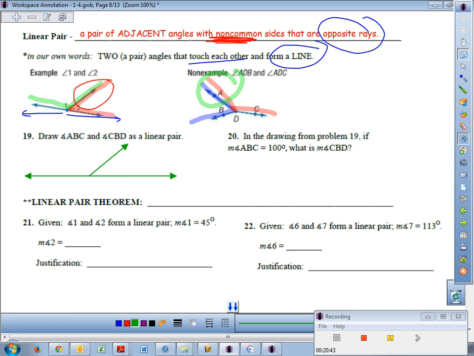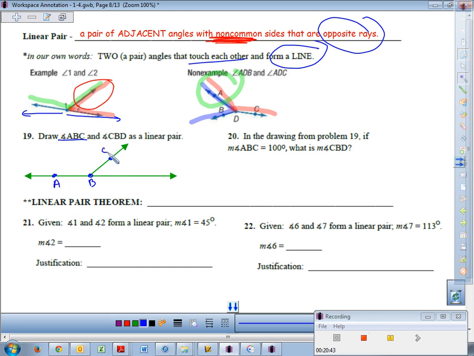Aren't those two angles now that I have in the picture? And they touch each other and they form a line? Let's put the details in there. First one's angle ABC. What is the vertex? Doesn't that have to go right here? Correct? A goes on one of these, and C goes on the other.